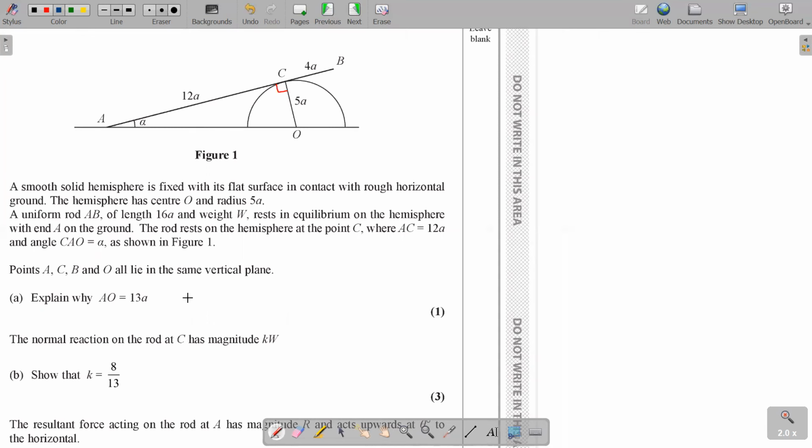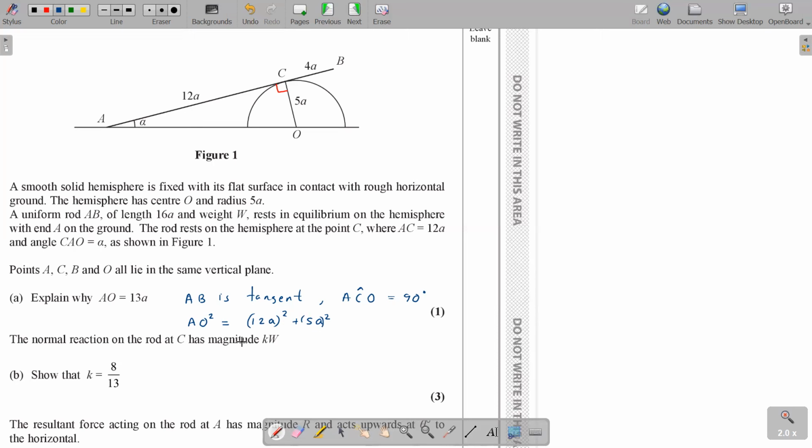Part A, explain. AB is a tangent. We can see it, right? AB is a tangent, which means angle ACO is equal to 90 degrees. So you can use Pythagoras theorem. AO square is equal to AC square, or 12A square plus 5A square.